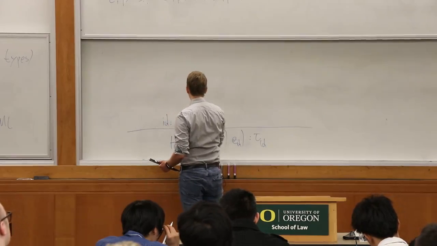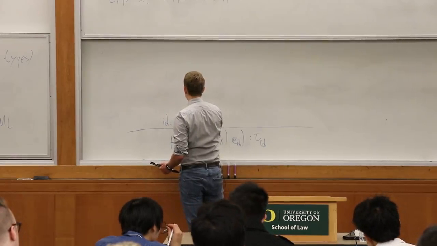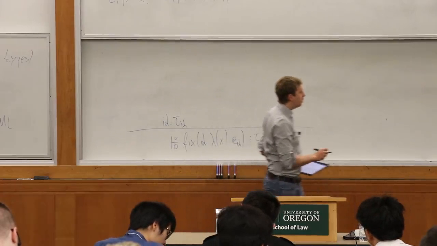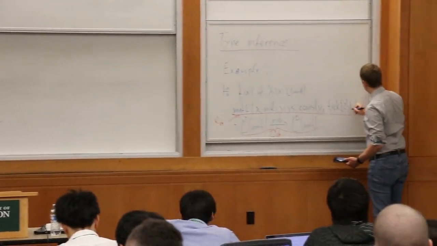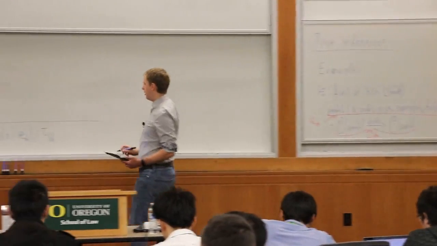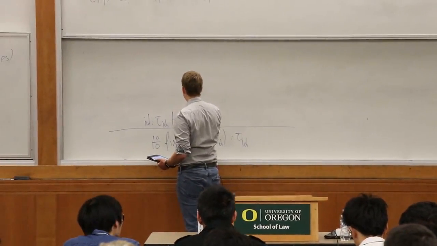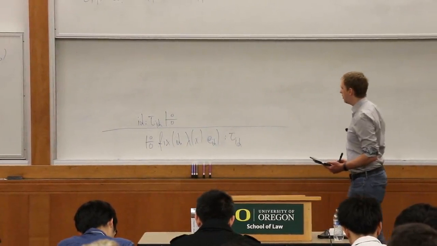We can assume already that ID has this type tau ID. And I just realized, I don't know why I always write F here. That's supposed to be ID. So we can assume we have this type already, and then we have to have zero potential here in the input.